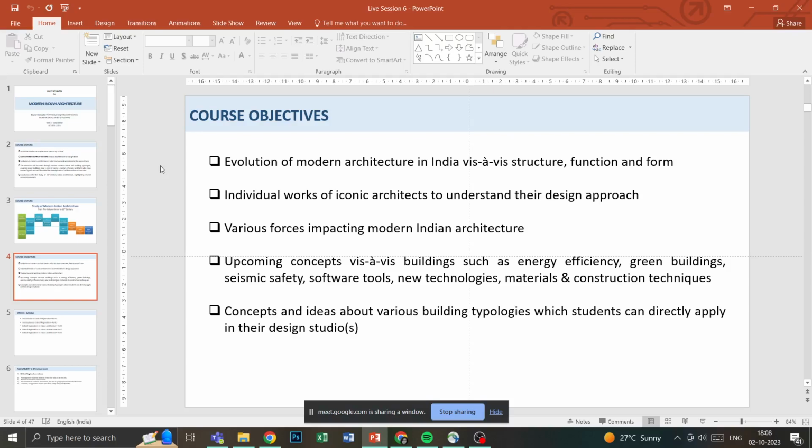The objective of this course is to study the evolution of modern architecture in India with respect to structure, function and form, to look at individual examples of iconic architects and understand their design approaches, and to understand the various reasons and forces which impacted modern Indian architecture. It also covers upcoming concepts such as energy efficiency, green building, seismic safety, and ideas about various building typologies which students can directly apply in their design study.